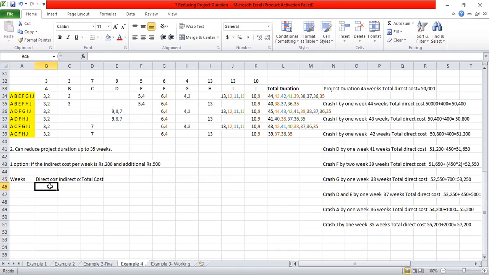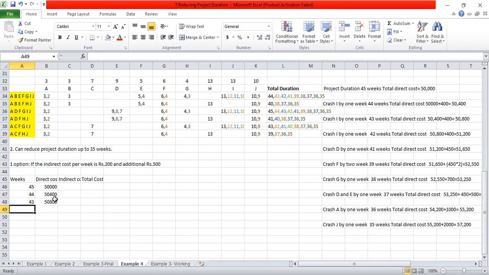The weeks are 45. For that 45 weeks, total direct cost is 50,000. And 44 weeks, what is the value? 50,400. Do this and find out the optimum value for option 1.